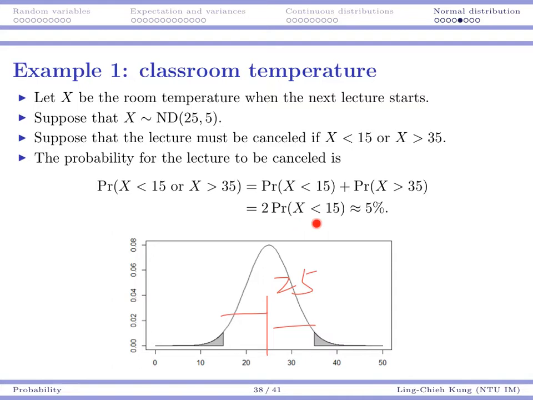So we only need to calculate 2 times the left tail probability, and it turns out to be around 5%. If we want to calculate that number, we just need to use software, so that's not a big deal. The important thing is that when we ask about the probability for the lecture to be cancelled, we calculate the two tail probabilities.